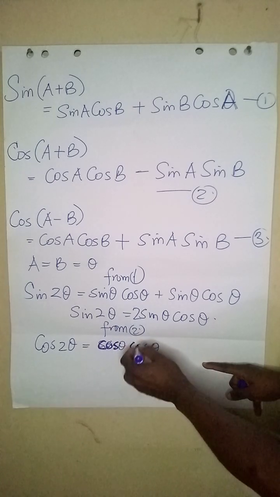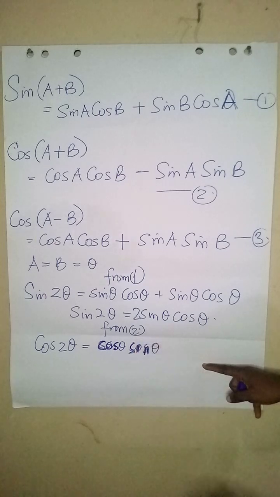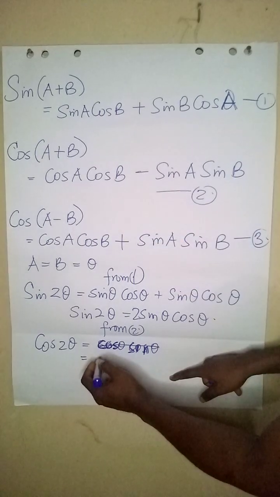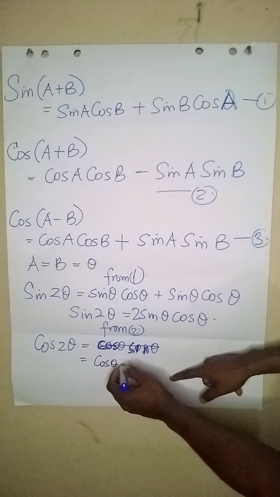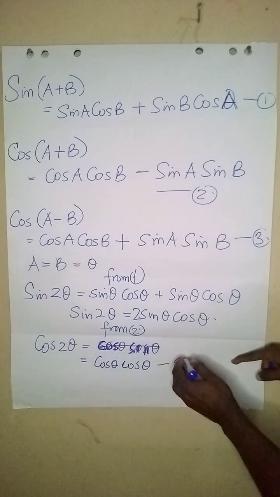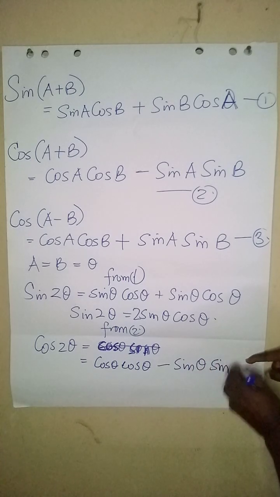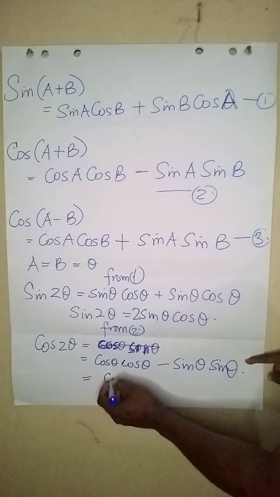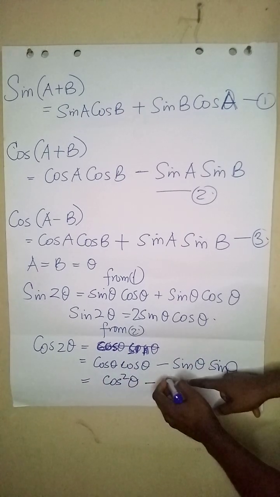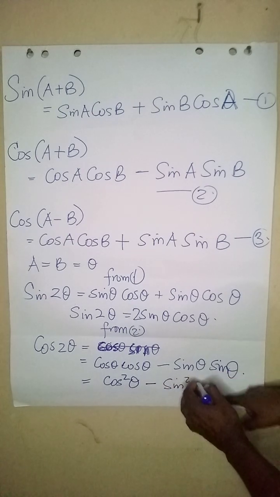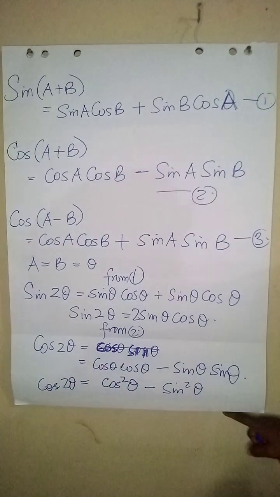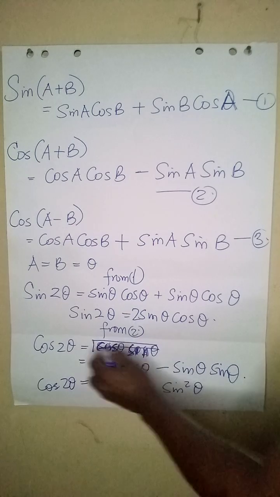Pardon me for this, I need to write this again. So this is going to give me cos theta cos theta minus sine theta sine theta, and that is cos square theta minus sine square theta. So that is what we simplify cos 2 theta as. Pardon me for this.